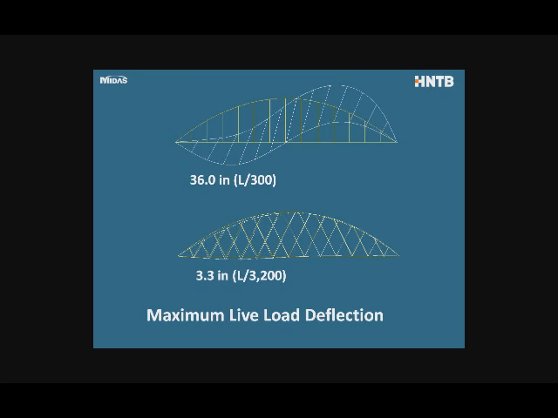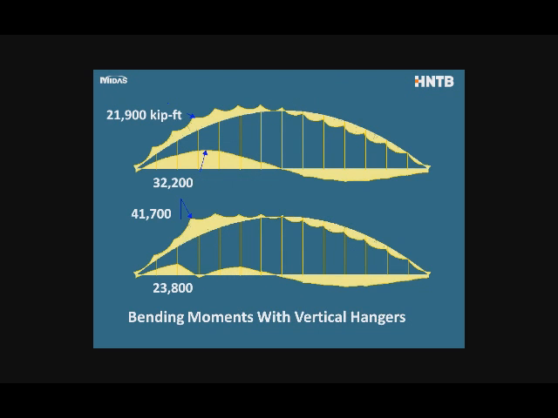And this actually drove us to the network hang arrangement, because if you look at the same structure, exactly the same quantities, only the hangers inclined, the stiffness goes up by a factor of 11. The live load deflection is reduced by a factor of 11. So instead of L over 300, we now have L over 3200, or 3.3 inches. So tremendous stiffness increase with very little effort.